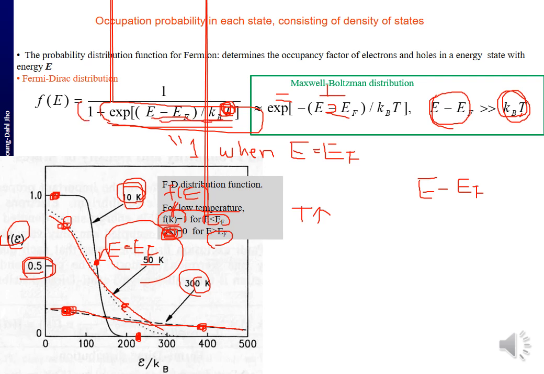So when we compare 1 versus the exponential function, which is very large, we ignore the 1. That's why we have this simple description. Then we call this the Boltzmann distribution. Mostly we call this the Boltzmann distribution.